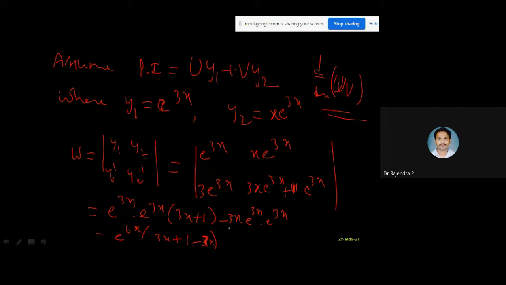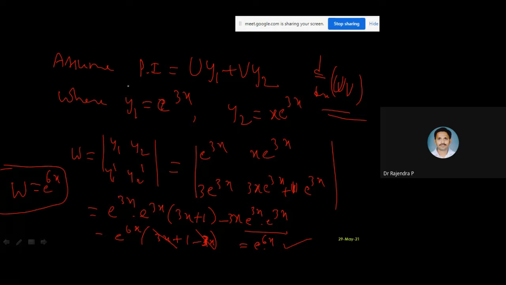So minus 3x plus 3x will be cancelled. What do you get? E power 6x. This is your determinant W. What is your W value? E power 6x. Okay, simplified form.